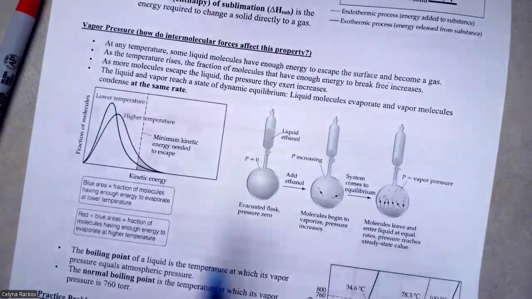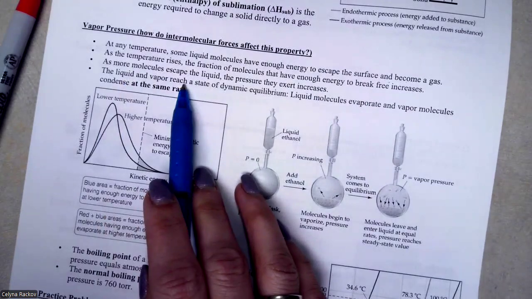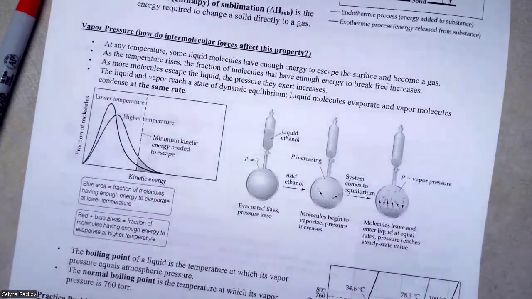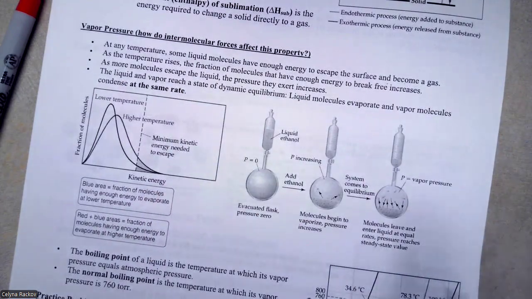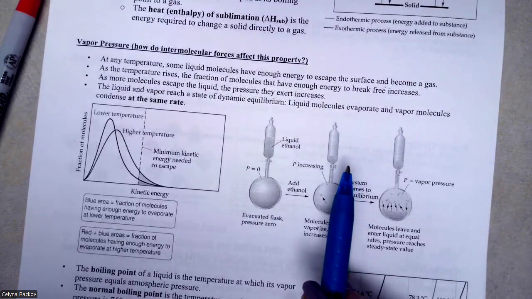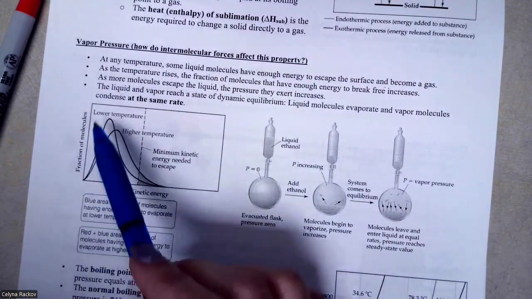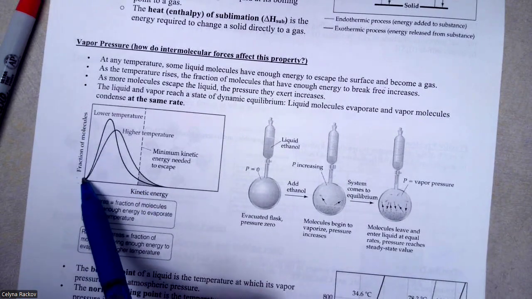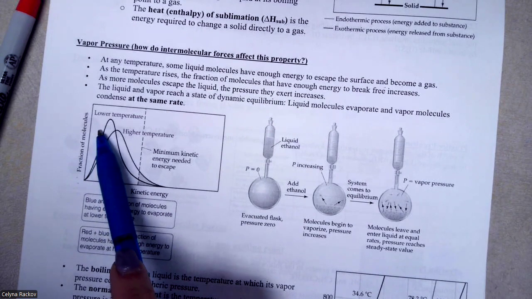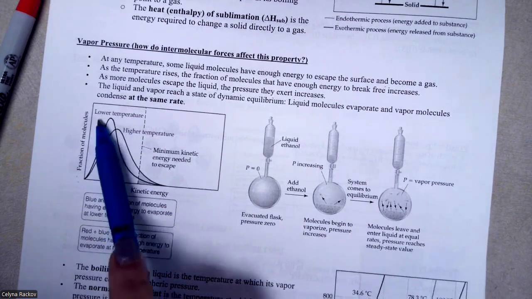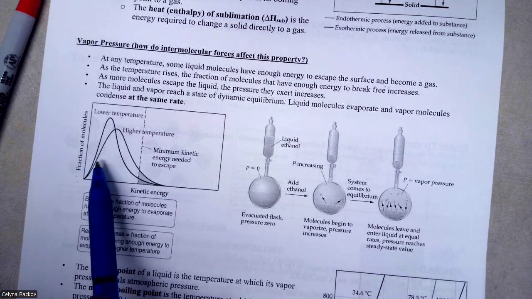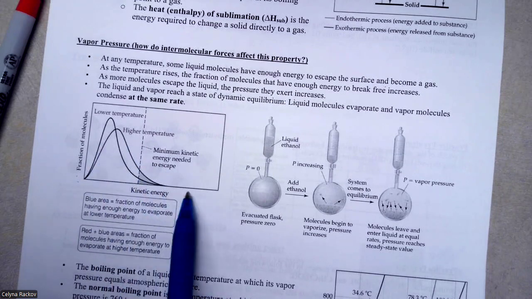The liquid and vapor reach a state of dynamic equilibrium, where liquid molecules evaporate and vapor molecules condense at the same rate. Here you see the fraction of molecules versus kinetic energy: at a lower temperature you have lower kinetic energy, and when the temperature increases, you have higher kinetic energy.